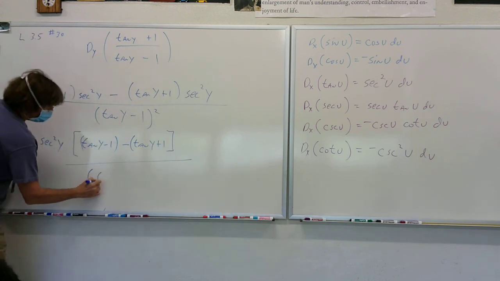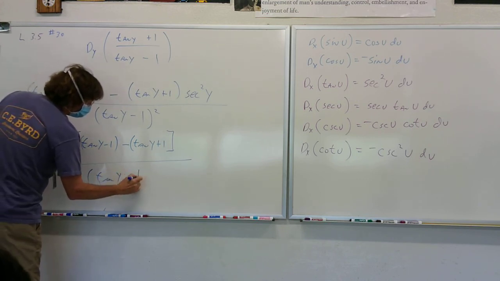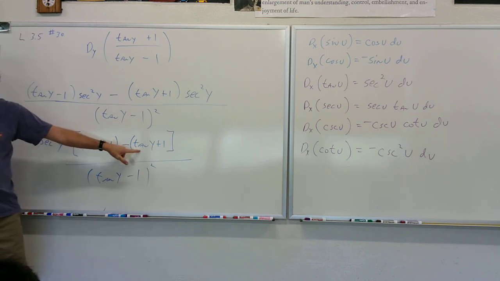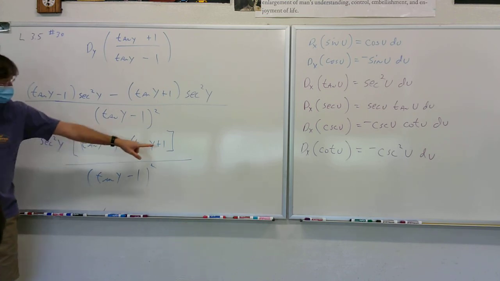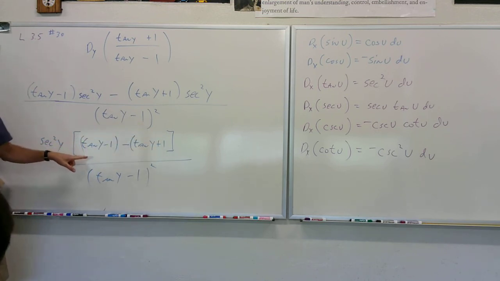And then I'm just going to write down my denominator. Usually, the denominator just needs to stay there. All right, and then what happens? Oh, look what happens here. Tangent y minus tangent y, right? And then negative 1 minus 1. So all of this in brackets is just going to turn out to equal how much? Negative 2 times that.